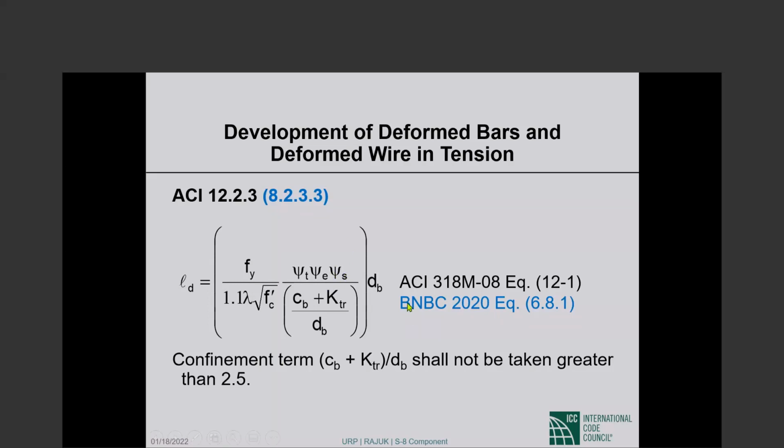And then there is a term that deals with transverse, confining reinforcement. The development length may be confined by transverse reinforcement, and that's what this term is about. The confinement term (c sub b plus K sub tr) divided by d sub b shall not be taken any greater than 2.5. So when you calculate it, if it comes out larger than 2.5, you take it equal to 2.5.